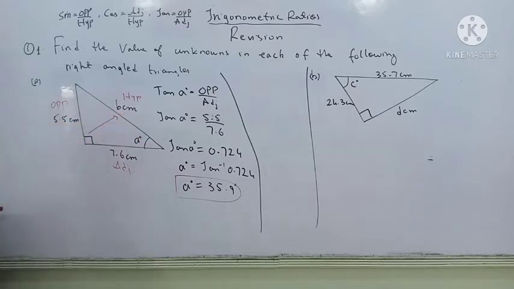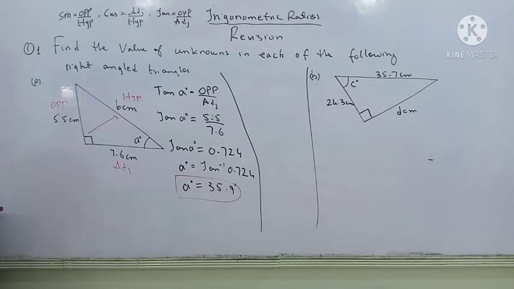So we can apply sine or cos, because see that hypotenuse come in sine and hypotenuse come in cos, right? So we have to find out hypotenuse. So we have also opposite, we have also adjacent. So we have two options. We can also apply sine, or we can also apply cos, right?